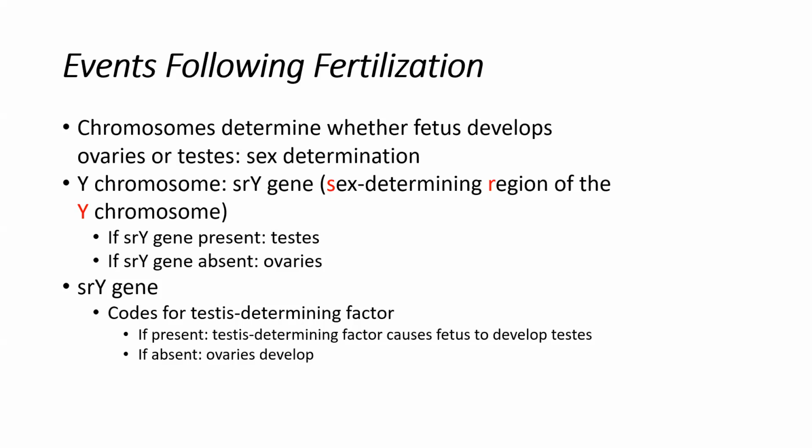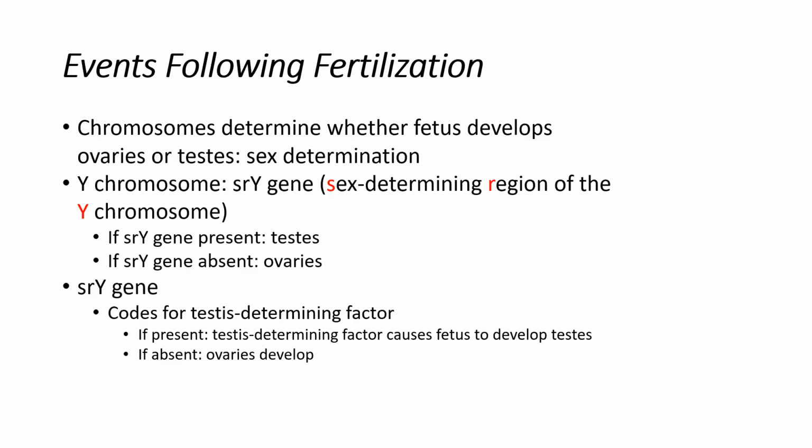So the genes that govern sex determination are found on the Y chromosome. And there's a specific gene there called the SRY gene, SRY standing for sex-determining region of the Y chromosome. And these are the genes that govern the production of testes versus ovaries.